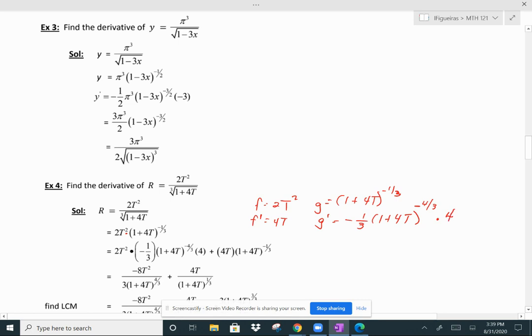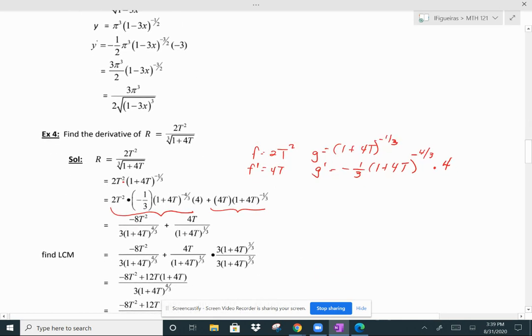All right, so here I did f g prime plus g f prime. So, actually I wrote it as f prime g, which is the same as g f prime.